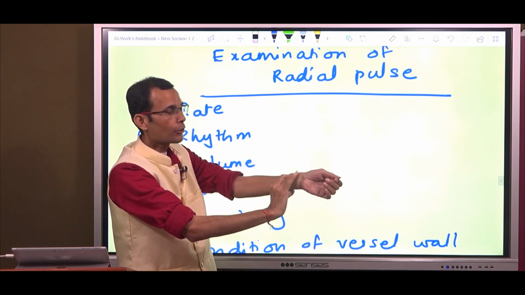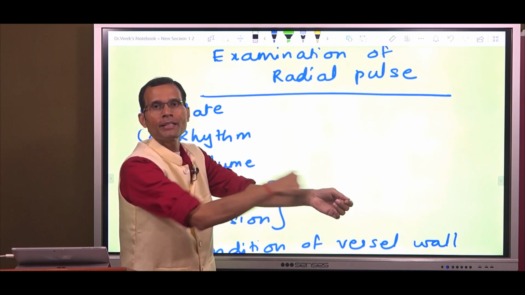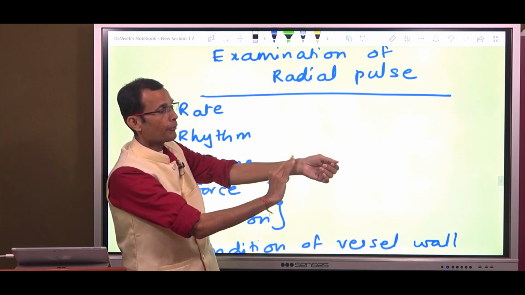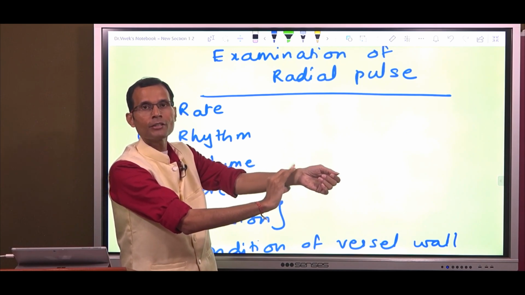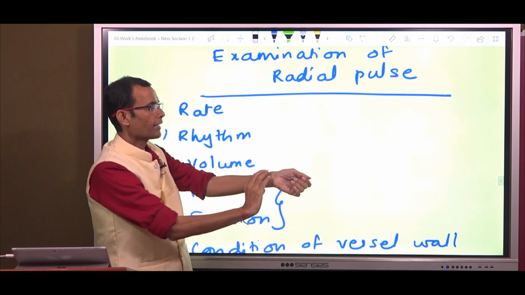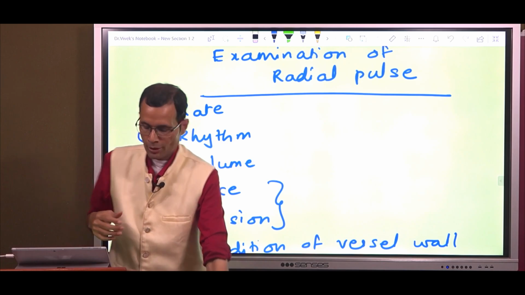So the retrograde pulsation coming from the palmar arterial arch and getting mixed in the radial pulsation is prevented by placing the third finger, the distal finger or the ring finger. All right, that's the method for examination.